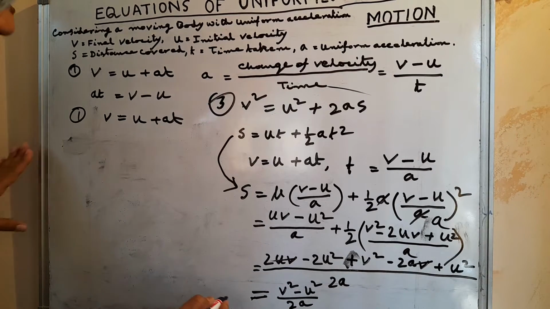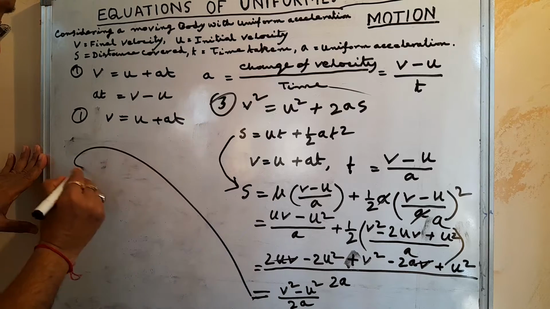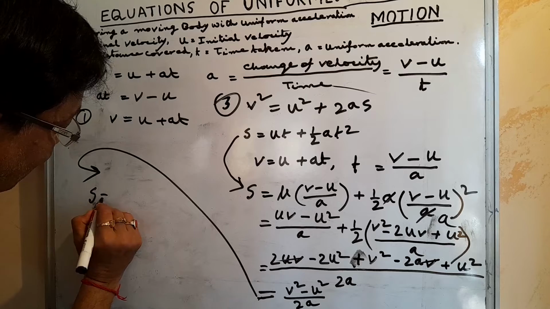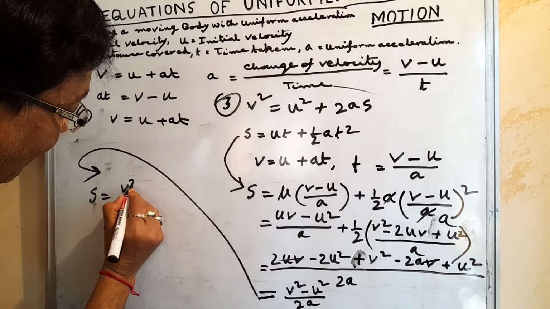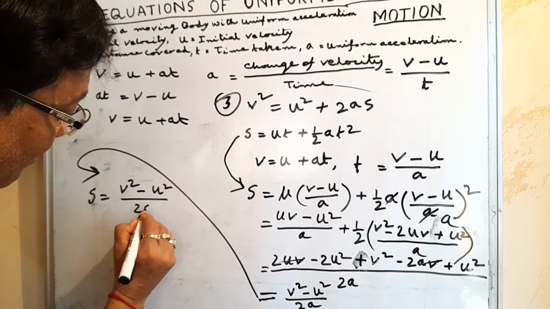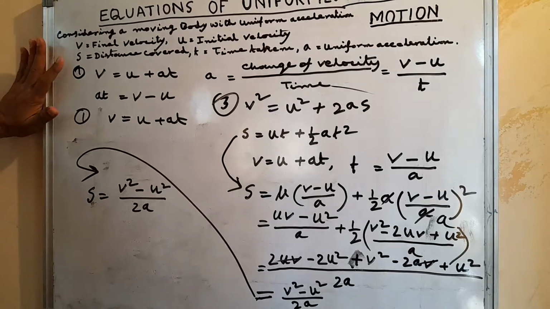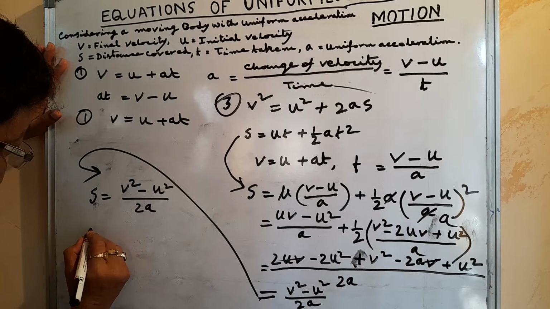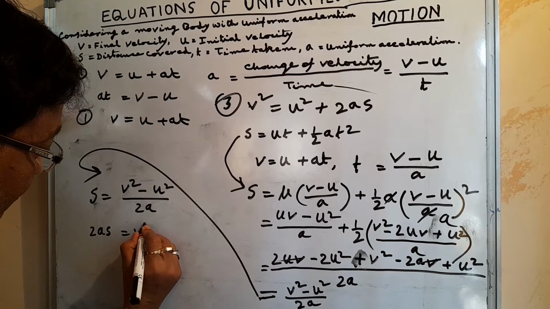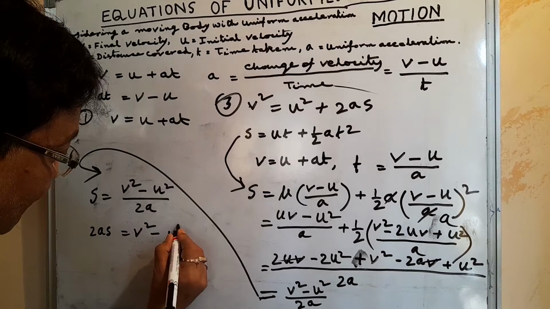Now from this we get s equal to v square minus u square divided by twice a. Now our equation will be twice as equal to v square minus u square.